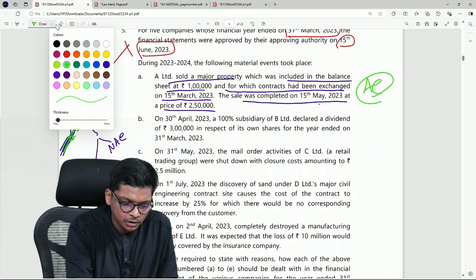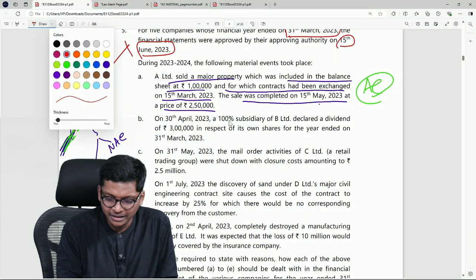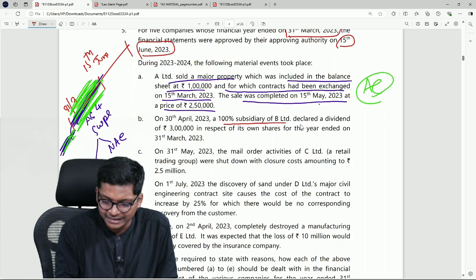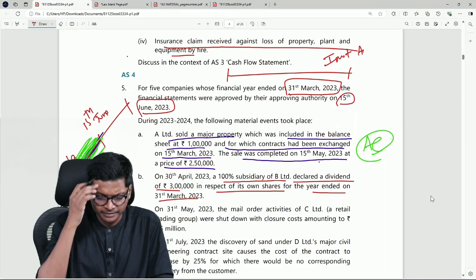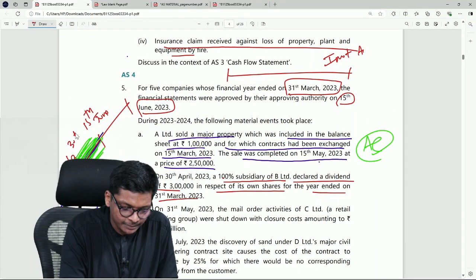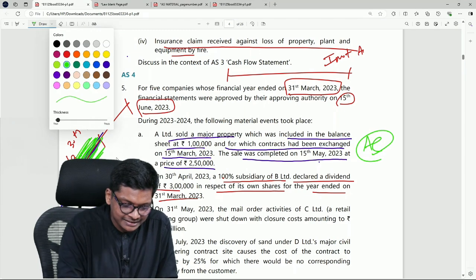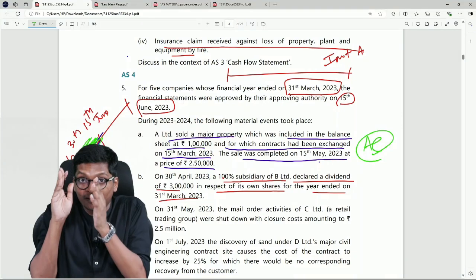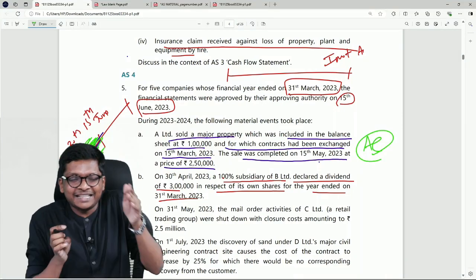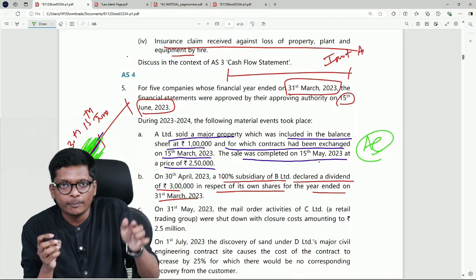Second, on 30th of April, a 100% subsidiary of B declared a dividend in respect of its own shares for the year ended 31st March. Now look at this. On 30th April, again it falls in our scope. Scope means what? I am talking about from the financial year end till the date on which financials are approved by the board of directors.